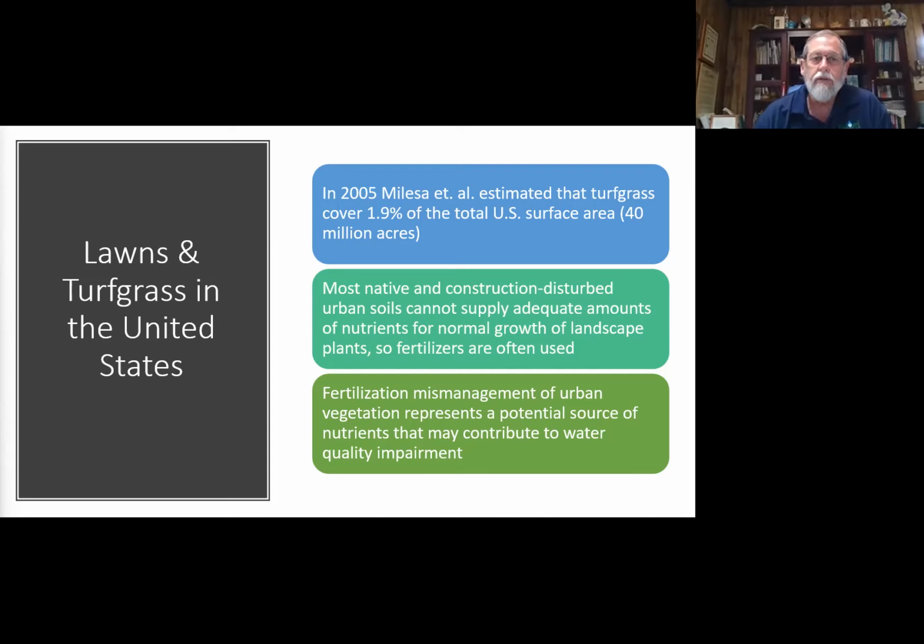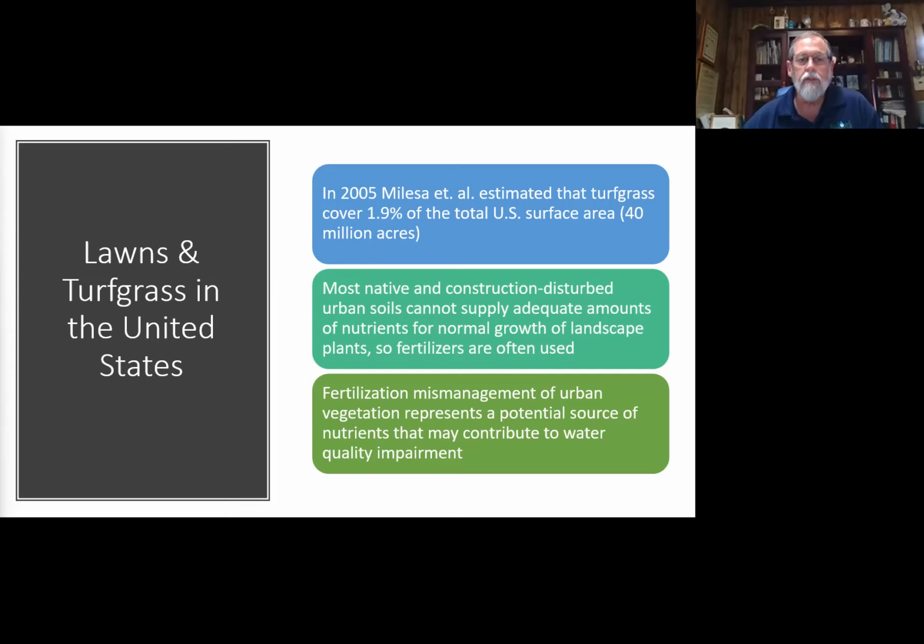It's commonly understood that most native and construction disturbed urban soils where turf grass is normally found don't have enough nutrients to properly support turf grass and lawns the way it's desired or to be healthy. But with that comes fertilization, and on top of that, fertilization can be mismanaged and can be a problem to the environment.